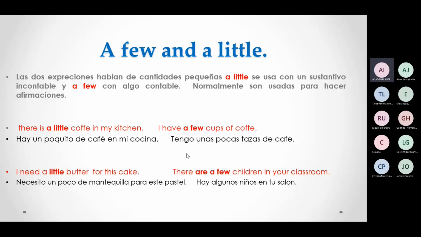Yeah, children, it's countable now. And that's why we have to use a few, right? Because we use a few with countable nouns. And we can interpret that like, hay algunos niños en tu salón, ¿verdad? Así que ya sabemos más o menos la diferencia.